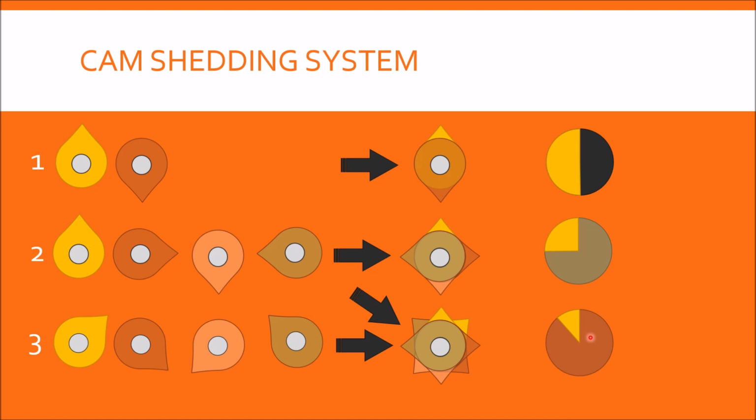So in this way we are reducing too much time, and the time and the force will not be available if we further reduce, that is if we use more than 8 frames on the cam shedding system. That limits the cams to a maximum of 8 cams for one weave.